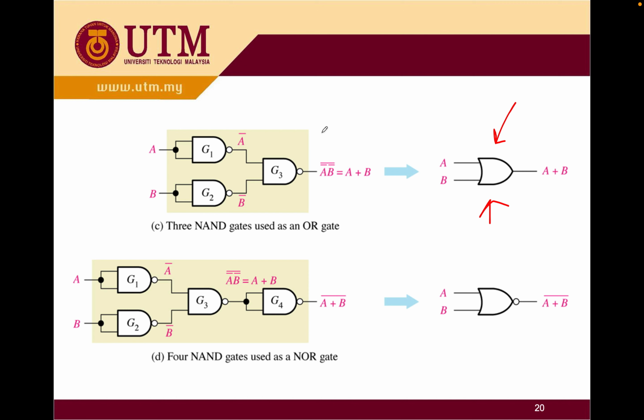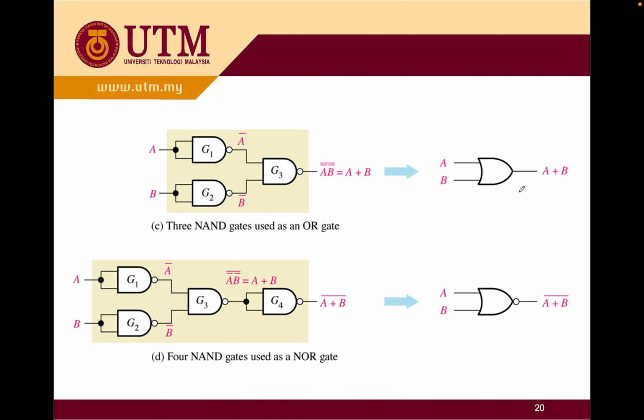So you can use a combination of NAND gates like this to construct the circuit, and it is similar to the OR gate. So you will think, okay, no need for me to buy another OR gate, because I didn't have enough OR gates to construct my combinational circuit.